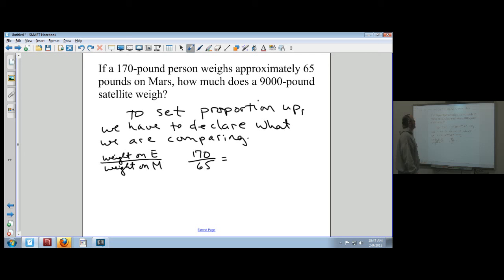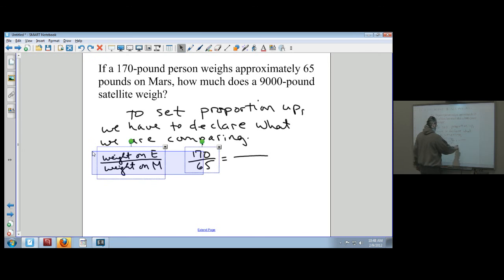How much does a 9,000-pound satellite weigh? So we've got this 9,000-pound satellite, and we're fixing to launch it to Mars. Right now it weighs 9,000 pounds and we're on Earth. So where would the 9,000 go in the numerator or the denominator of the other side? Well, we have to maintain consistency with our ratio all the way across here.